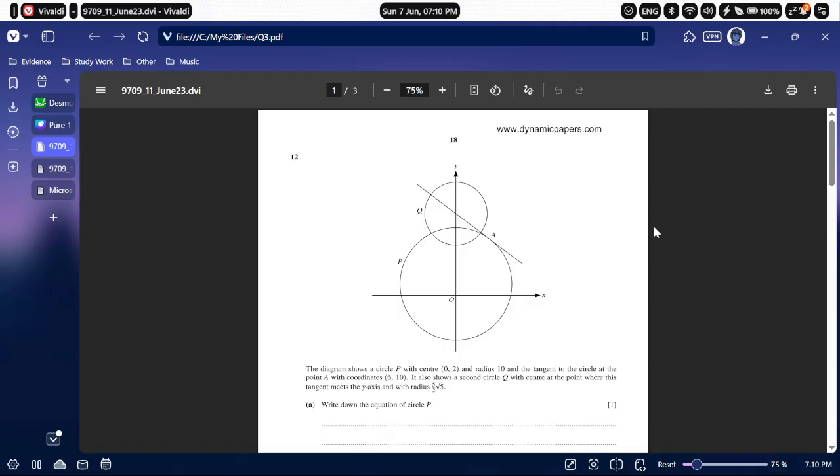You'll get two values for x, and then you input those into the linear equation to get two values of y.